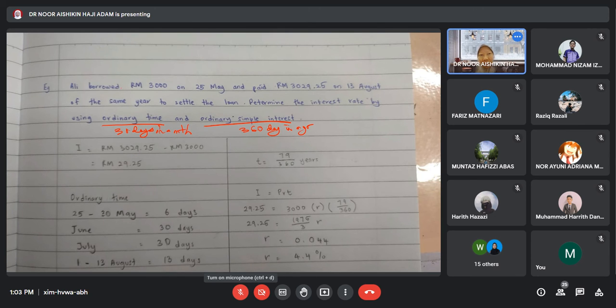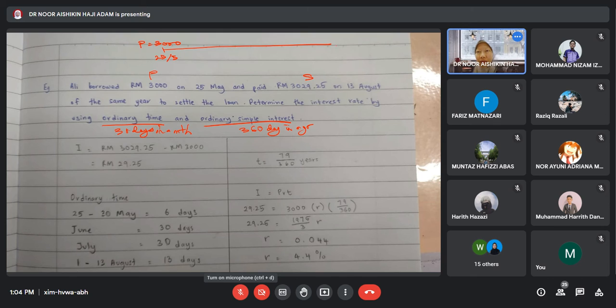Alright. Now, you want to find R. You are given P and S. On a timeline, rupa dia macam ni. On 25th May, Ali borrowed 3,000 ringgit. So that is your P, 3,000 ringgit.